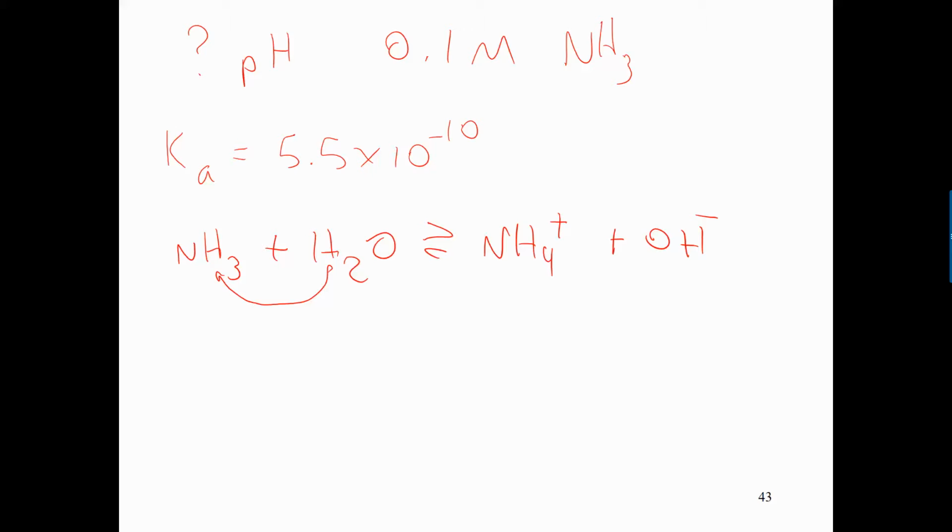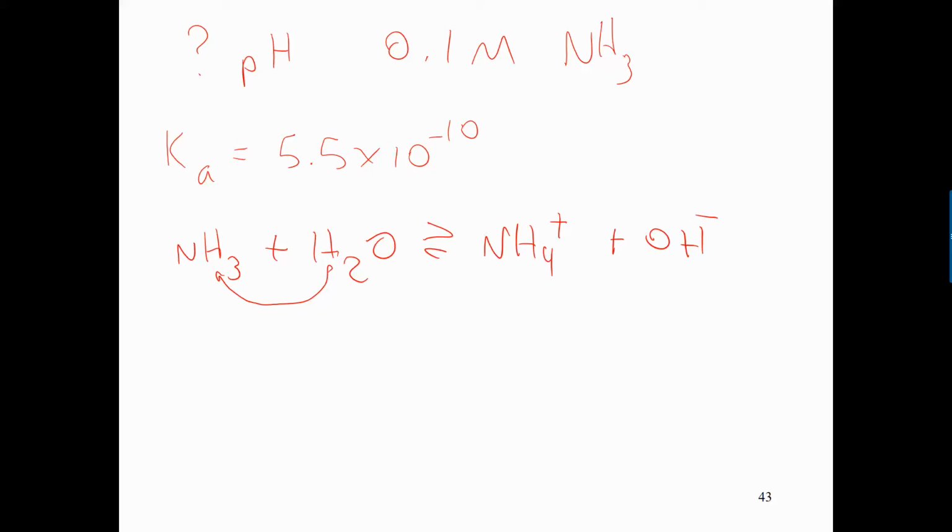Is that part given, or do we have to write that out? You need to write that out. This is for a base. With the acid, I don't need to include the water in the equation, but for the base I do, so I can see where the OH is coming from.